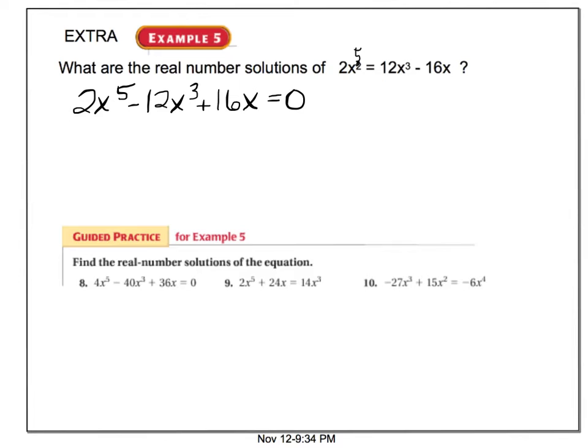Your next job is to look for a GCF. Is there one? And what will this quotient be here when you divide everything by 2x? Are you done factoring?